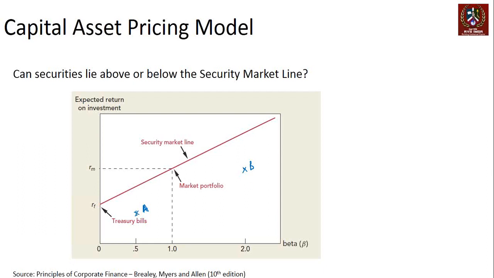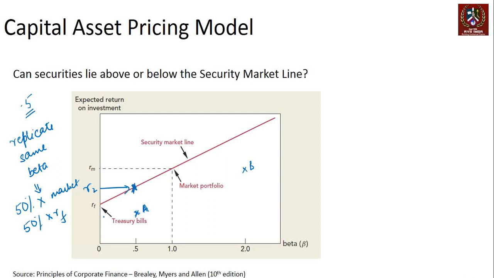Now note that if you're buying this security that adds a beta of 0.5, you can actually replicate the same beta by investing 50% of your portfolio in the market and 50% in the risk-free rate. And that will be somewhere here, this point, right? And you know that the return on this point, which is R2, will be greater than the return on this point, which is R1. So why would anyone buy this security A?